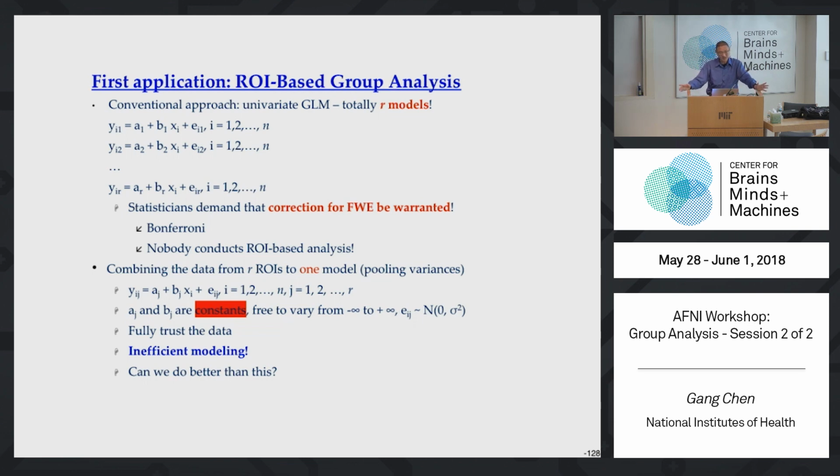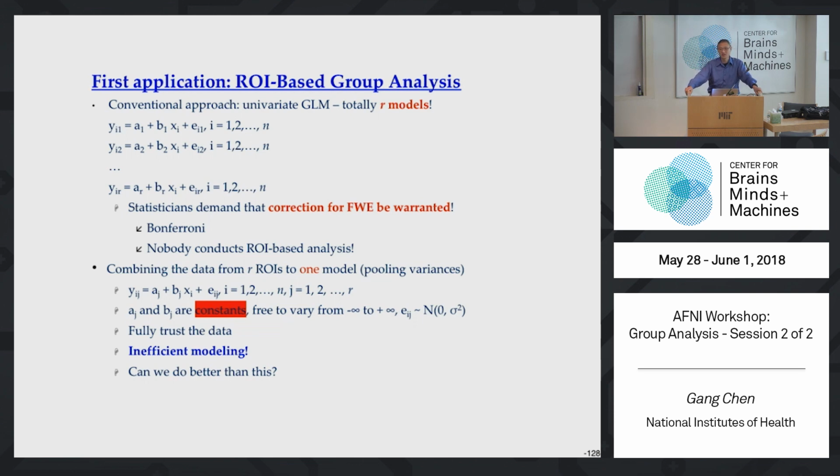So that's why in the field, pretty much nobody does ROI-based analysis. Well, that's just the main reason. Occasionally, you may see in a paper that it's probably focused on only a few ROIs that can afford such a penalty. Otherwise, you don't see people do ROI-based analysis for the whole brain. For example, you have 200 ROIs. You don't see that. That's because of that penalty, right?